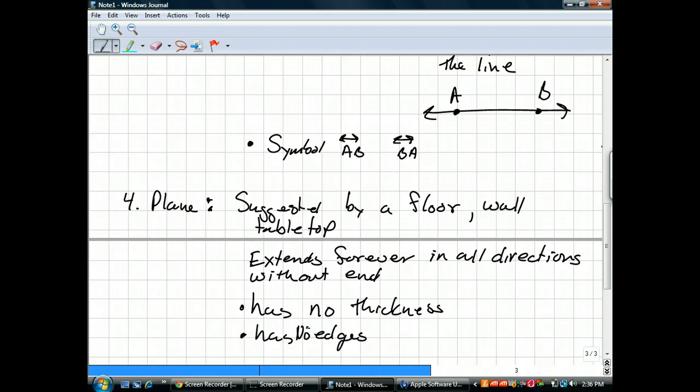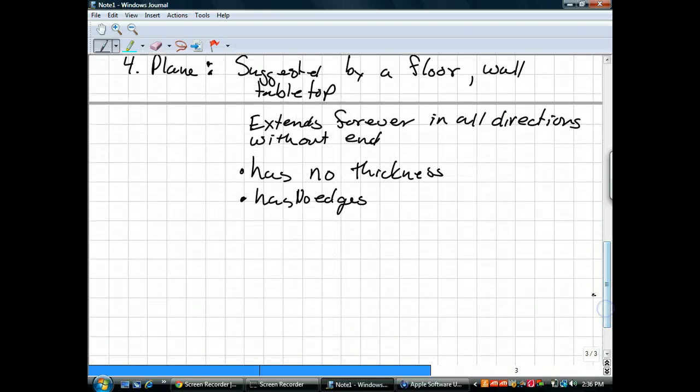So even though it's suggested by a floor, a wall, or a table, all of those have edges, but an actual plane has no edges, and that's a key idea. It has no edges, but we often represent it with a four-sided figure.